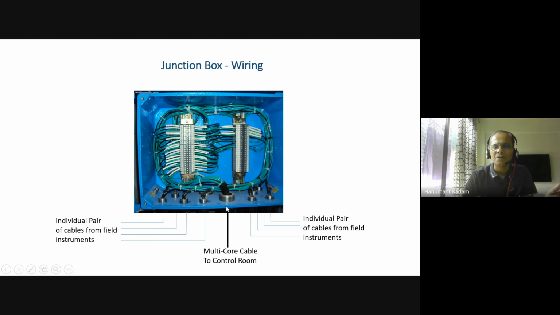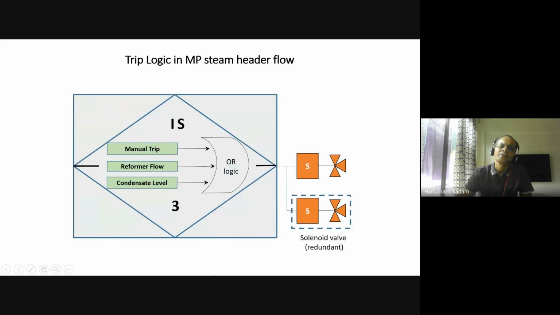And this is the multi-pair cable, so it goes to the control room. So you understood now, from the junction box to the control room, the signals are carried on the multi-pair cable, right?